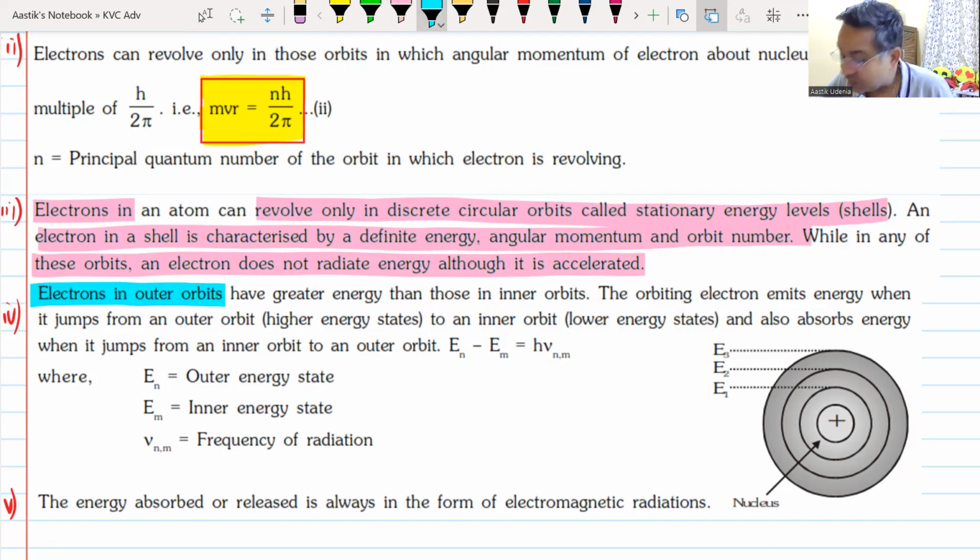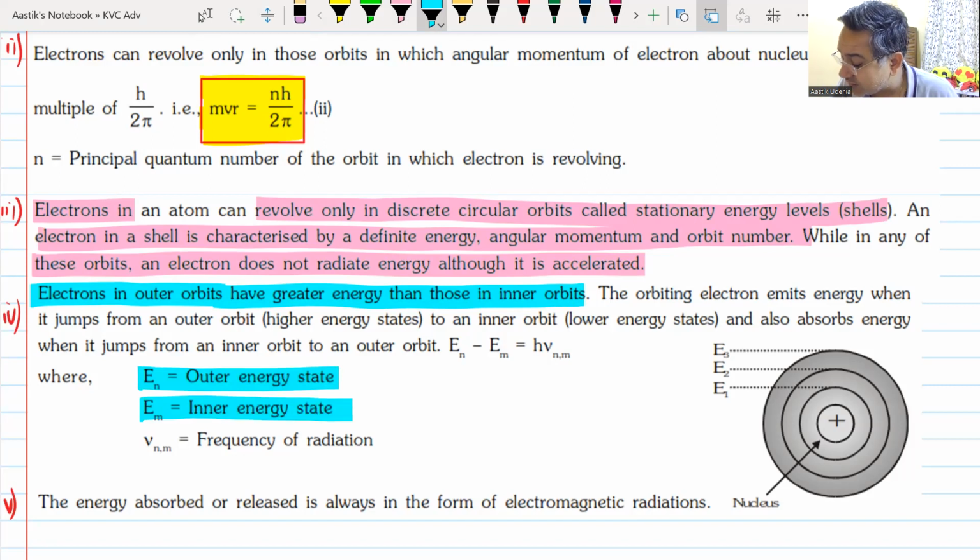Electrons in the outer orbits far away have greater energy than in the inner orbits. So electrons can jump from the outer shell to the inner shell, and whenever they do, they will emit radiation in the form of electromagnetic waves.